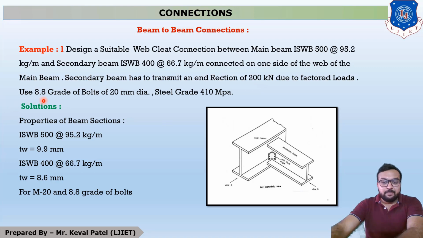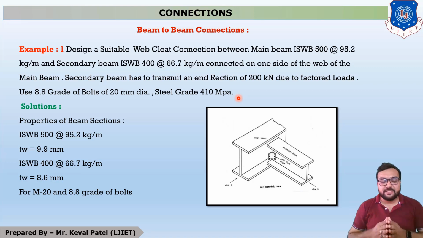Use 8.8 grade of bolt of 20 diameter and steel grade of 410 megapascal. Now you all know that there are two types of grade of bolt. First one is 4.6 grade of bolt and second one is 8.8 grade of bolt. Now what is the difference between 4.6 and 8.8?